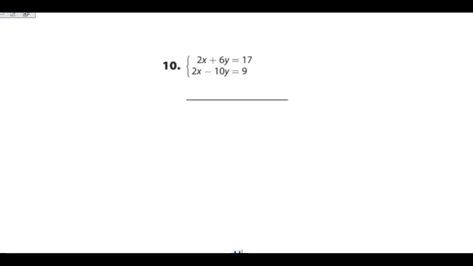Let's take a look at this one. Using subtraction, which one can we eliminate? If you said the x's, you're correct. 2 minus 2 is 0, so that's what we're going to eliminate. So we have 2x plus 6y equals 17. 2x minus 10y equals 19, and we're going to subtract this whole thing.